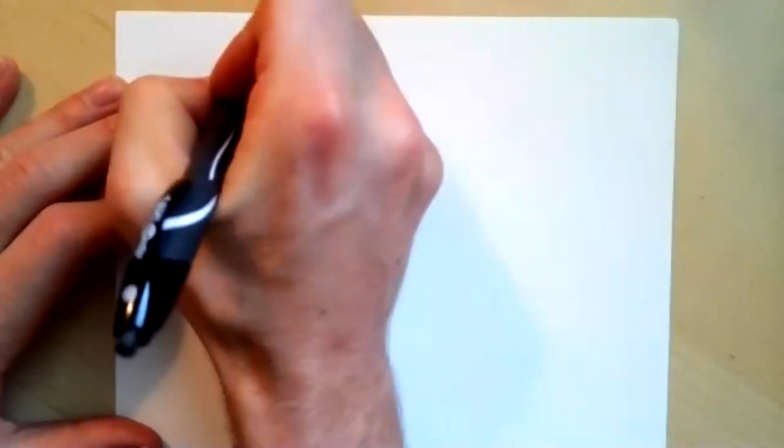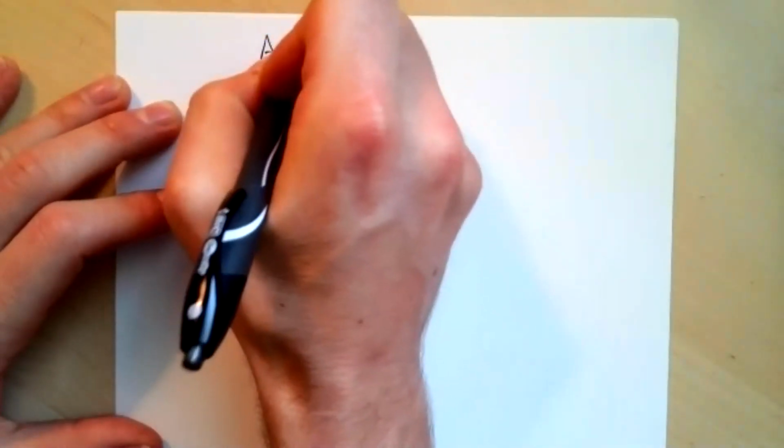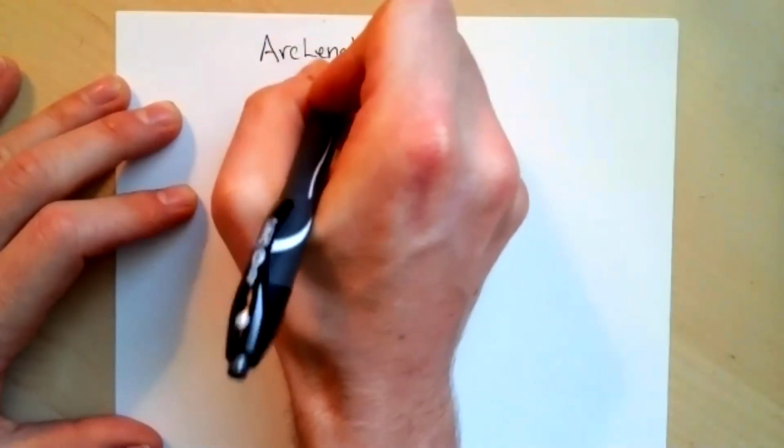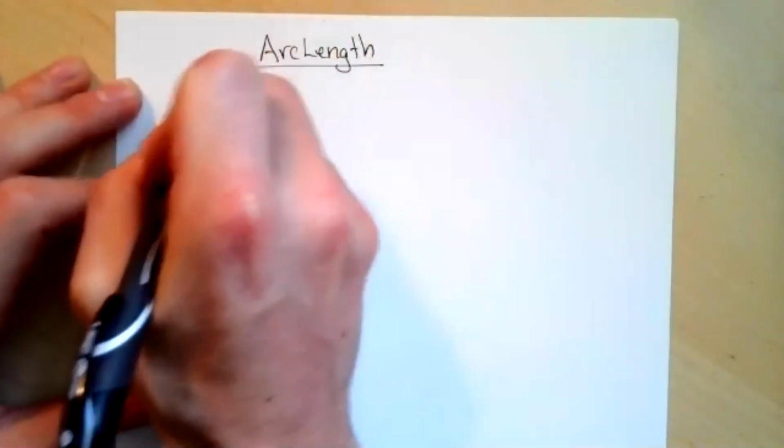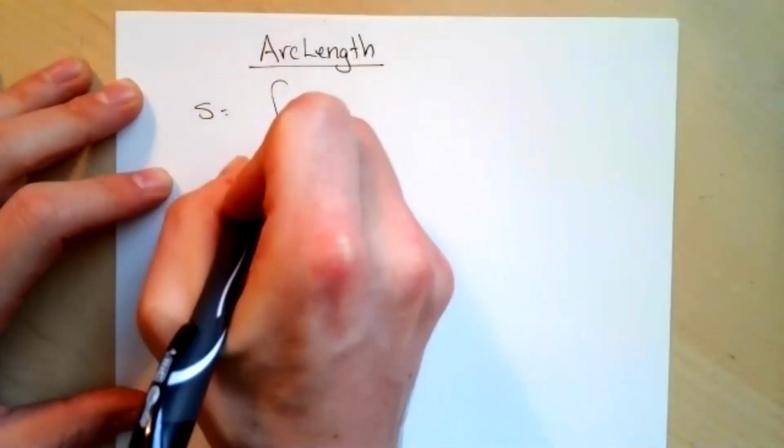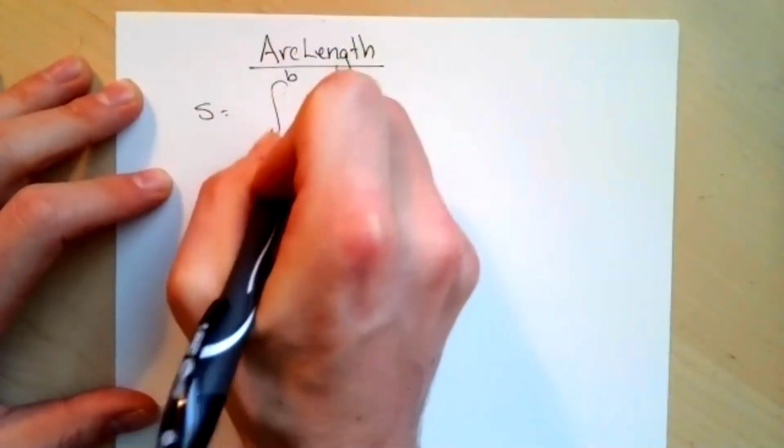Okay, let's take a look at a few surface area, or not surface area, arc length examples. And we left off yesterday, we know that our formula is going to be given by this.